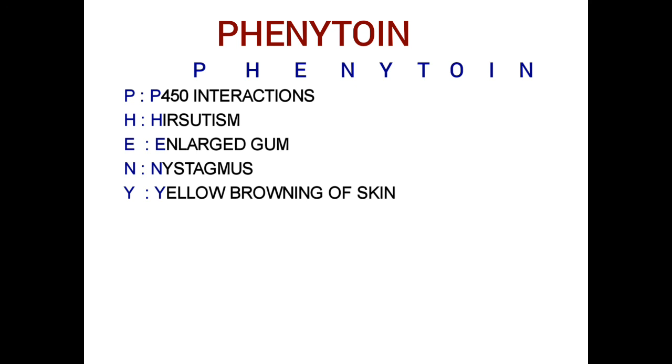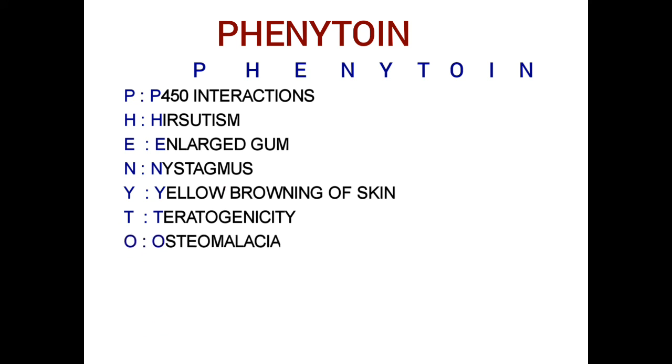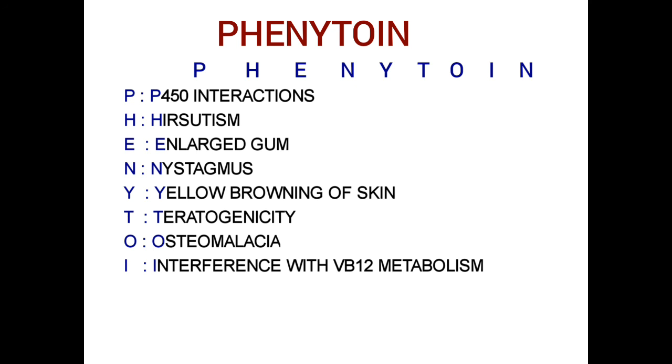Nystagmus means involuntary eye movements. Clear? And with T, teratogenicity. With O, osteomalacia, that is softening of bone due to deficiency of either calcium or vitamin D. And I, interference with vitamin B12 metabolism. And N, neuropathies like vertigo and ataxia. Vertigo, that is feeling of off balance. Ataxia means lack of muscle coordination.